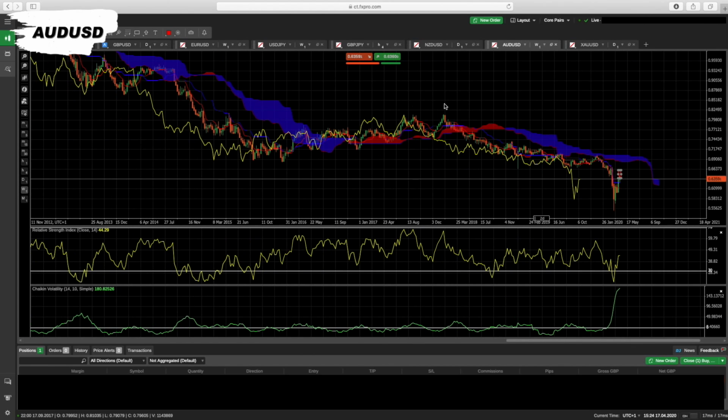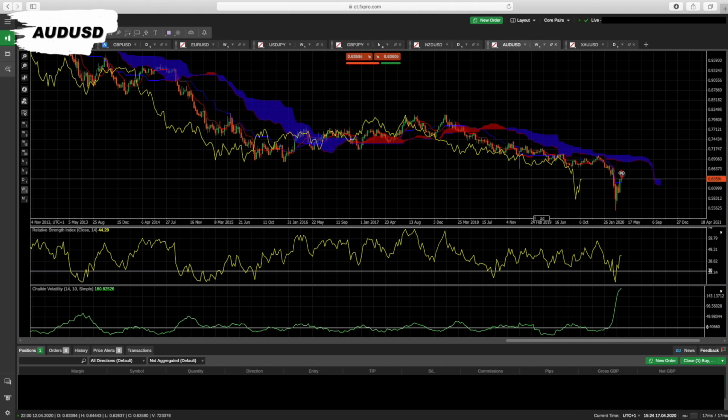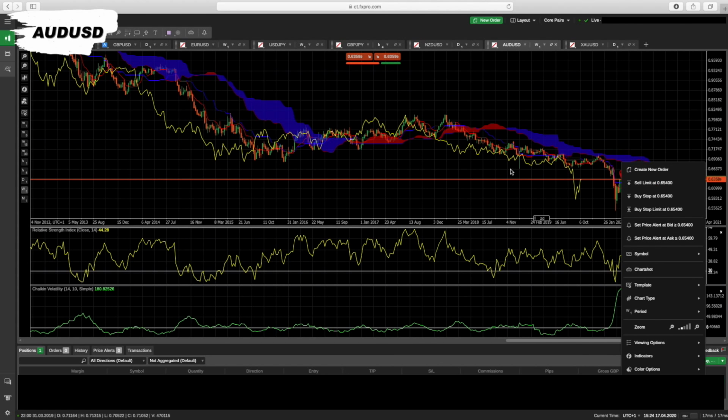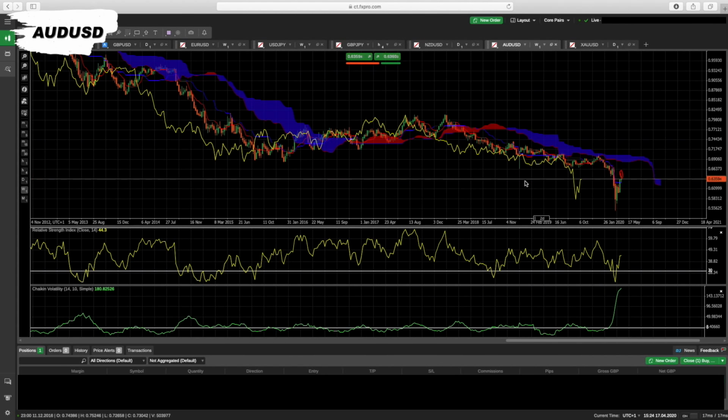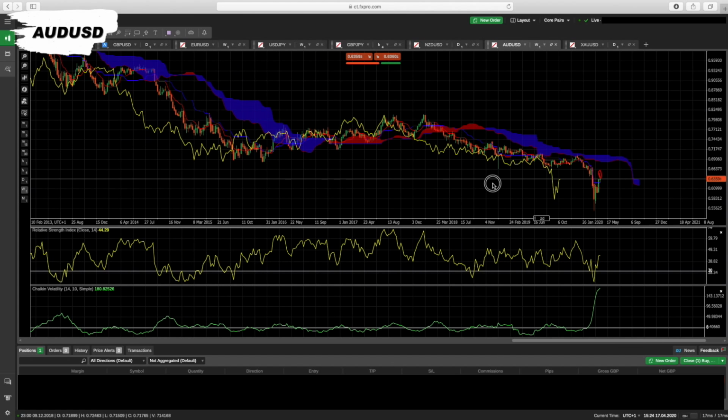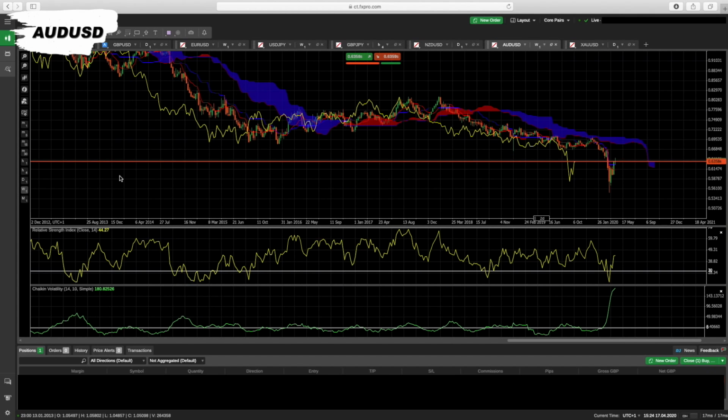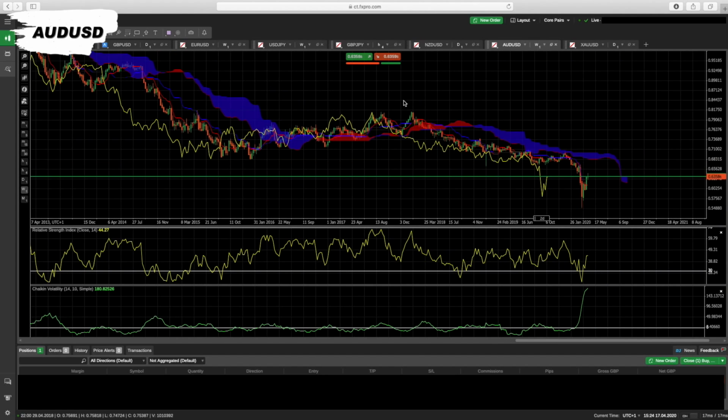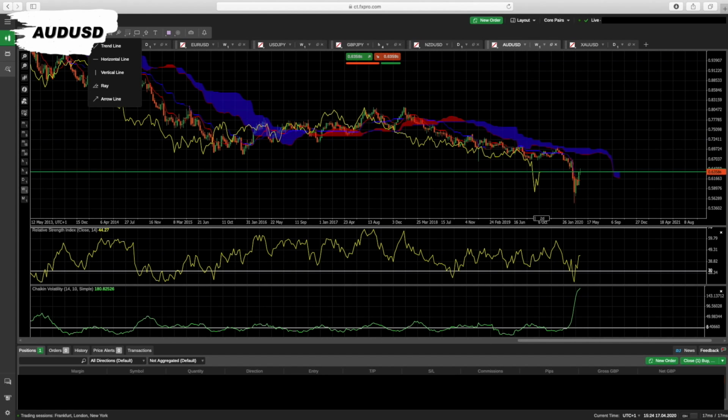There's quite a strong possibility that we're going to be testing that 0.55 level again. So I'm going to wait for that setup to present itself. I'm going to leave it on the weekly, leaving our horizontal line at the 0.60.